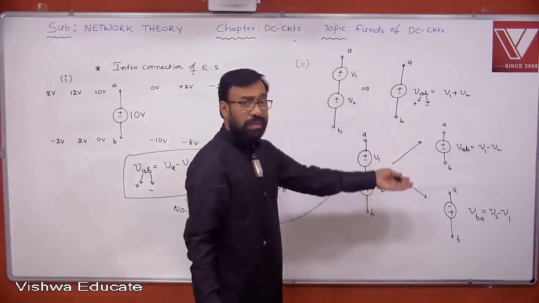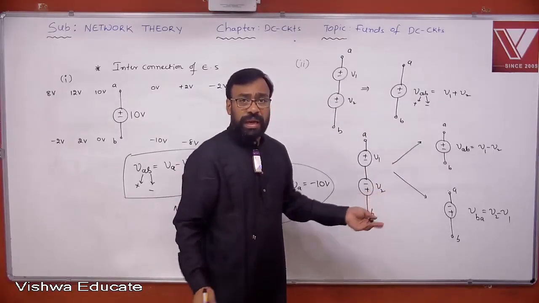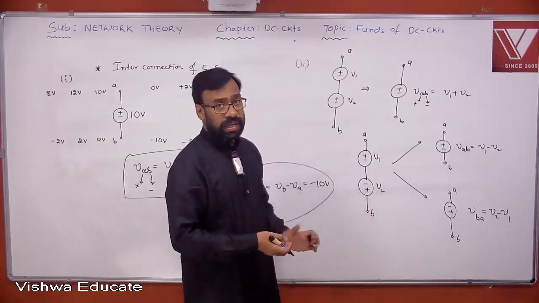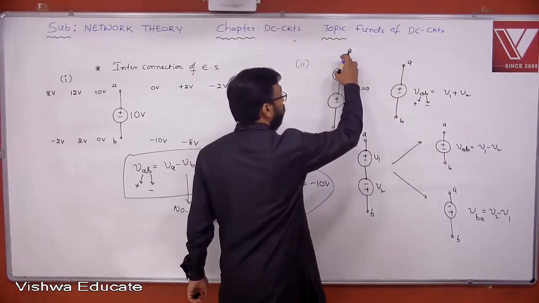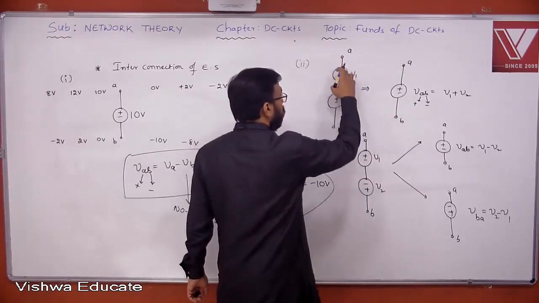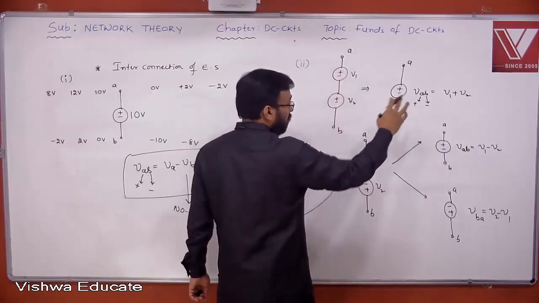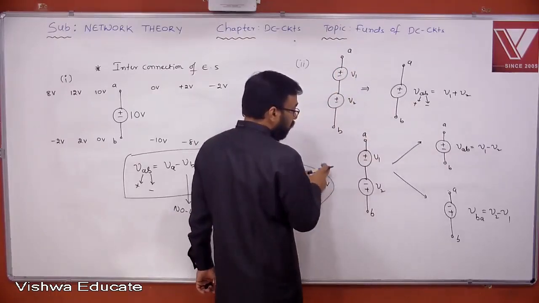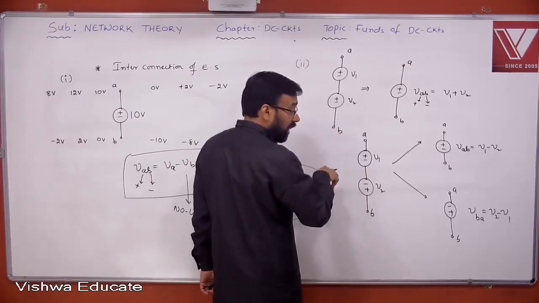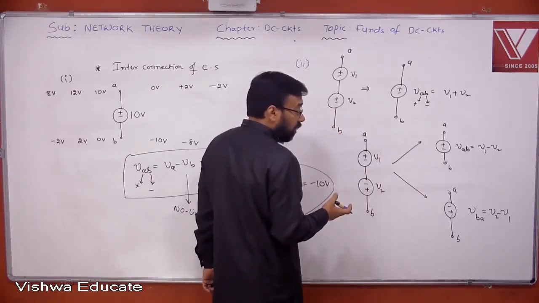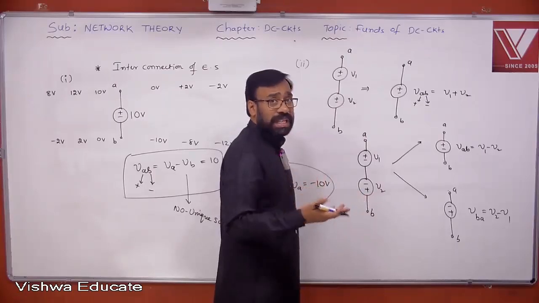How did you get all these formulas? Again using KVL only. Yes or no? Kirchhoff's voltage law only you are applying. VAB is nothing but you are starting from A and reaching B, touching positive first, therefore plus V1 plus V2. Here also VAB means A positive, B negative. You start at A and reach B. That touching concept is nothing but KVL only.